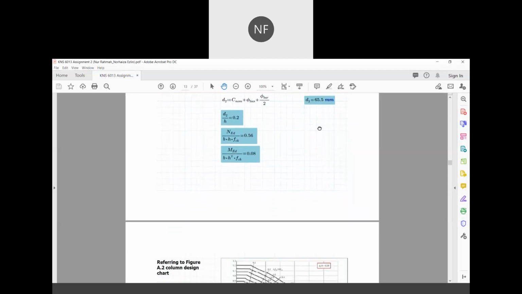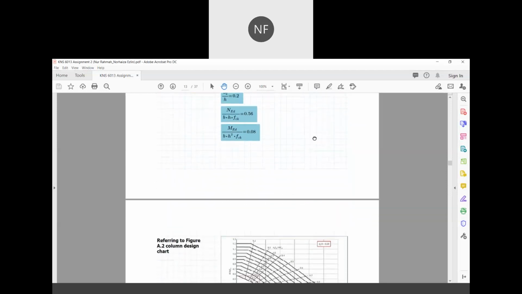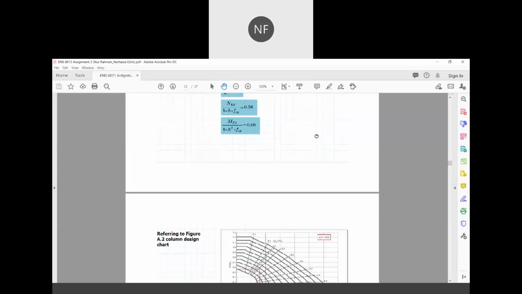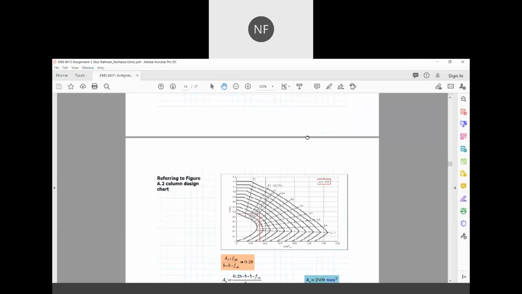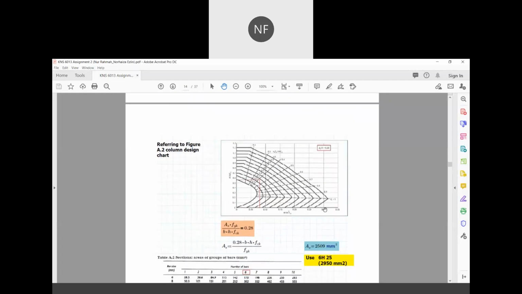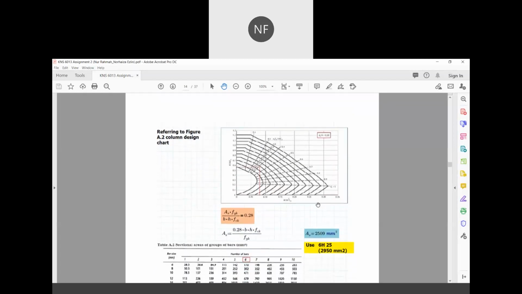Using this calculation, we are going to determine the AS using this figure, where through interpolation we can obtain the value equal to 0.28. So we use this calculation to obtain the AS that is equal to 2509 mm square.